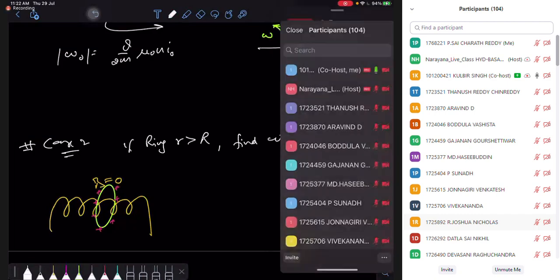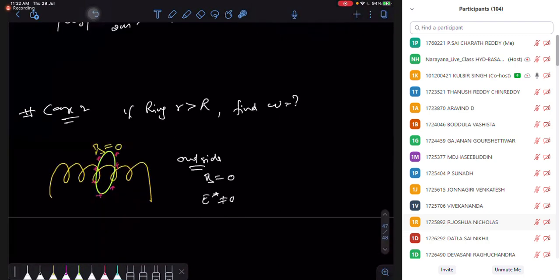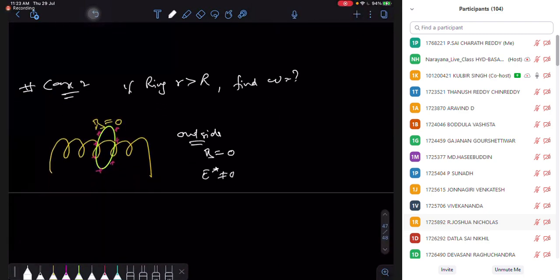But we have discussed already that even outside the solenoid, your magnetic field is 0, but E star is not 0. So there is an electric field outside the solenoid also. It's not that if there is no magnetic field, there is no E star. E star originates from the change of magnetic field, but it is not exactly in the same way. It's just like a current: the magnetic field is around the current.